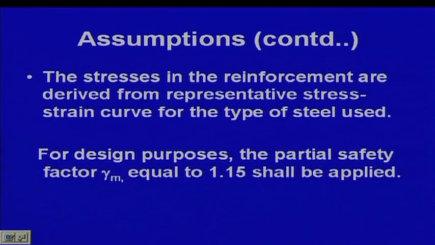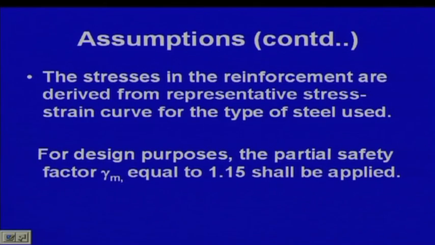For design purposes, the partial safety factor gamma m, that is for material, for steel we consider 1.15. So, if Fy is the yield stress, we have to consider Fy by 1.15, that is for design purposes.